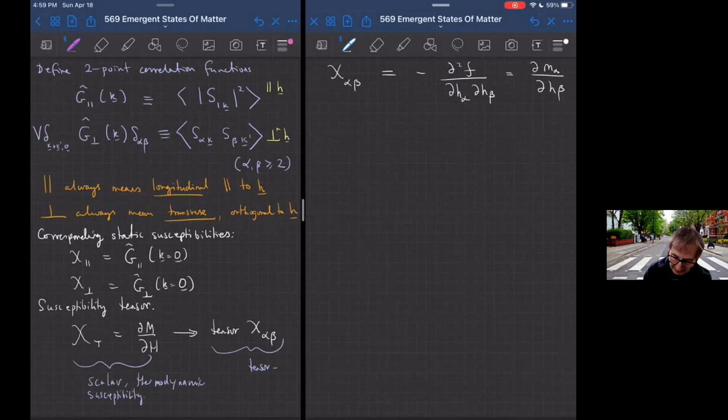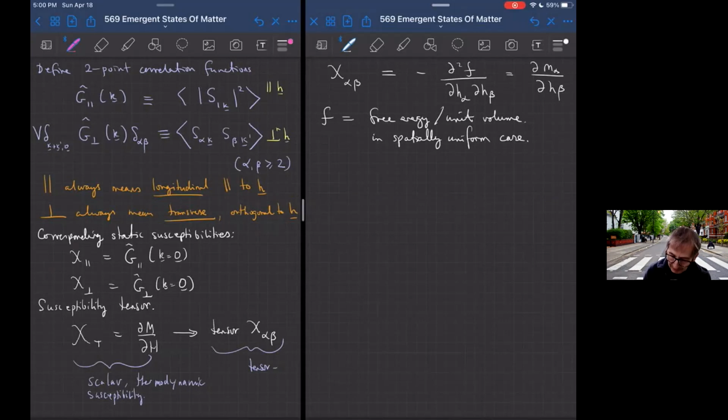And my f here is equal to the free energy per unit volume. And that free energy per unit volume is basically just going to end up coming from the uniform part of the free energy, the thing that we called the potential before. Okay, so this is in the spatially uniform case. I'm just taking out the factor of the volume and writing the total F as little f times V.